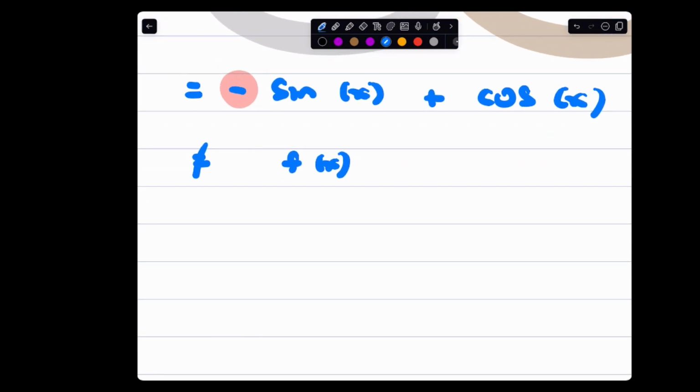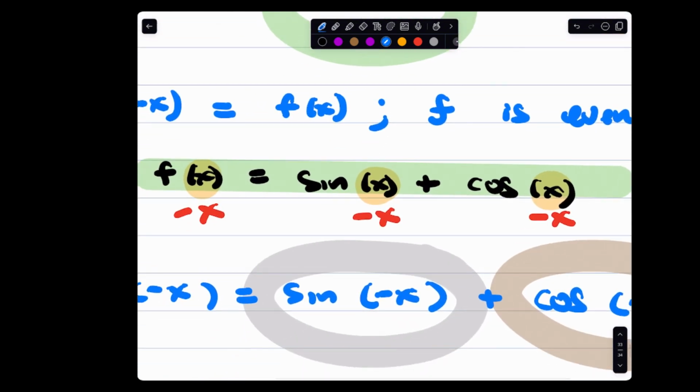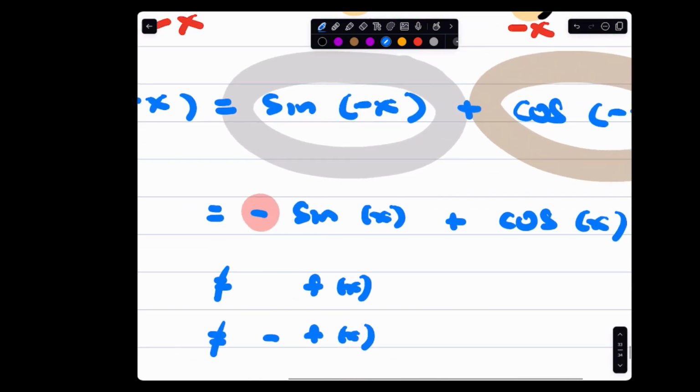Then does it equal minus f? What do you guys think? It doesn't equal f, but does it equal minus f? The answer also is no. Why is it a no? Because f is going to be sine plus cosine, right?